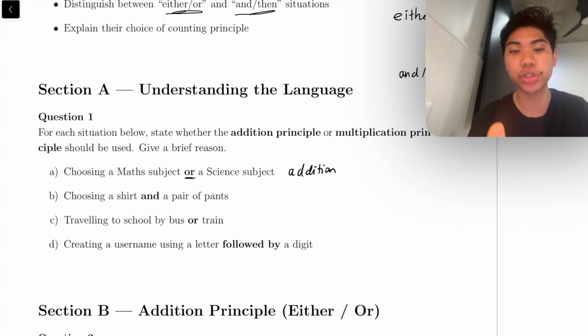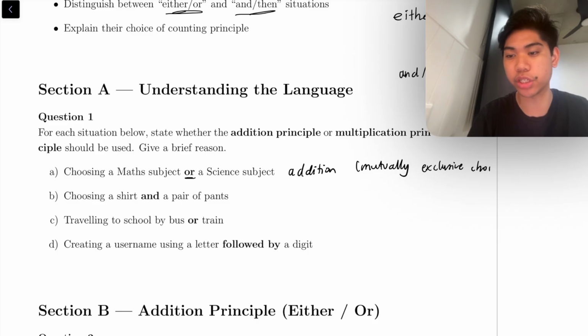Because these are mutually exclusive events. So you can't do both. You can't do both maths and science. It needs to be maths or science, okay? So these are mutually exclusive choices, okay?